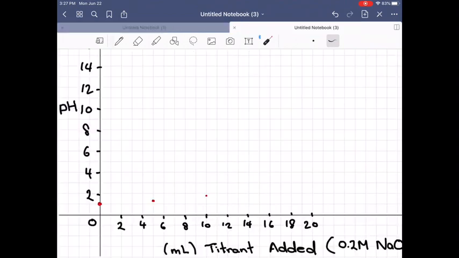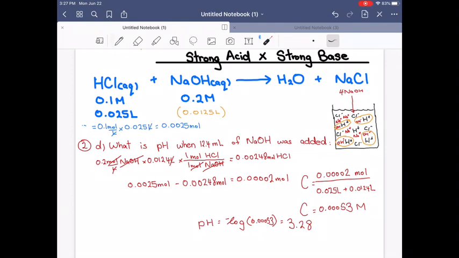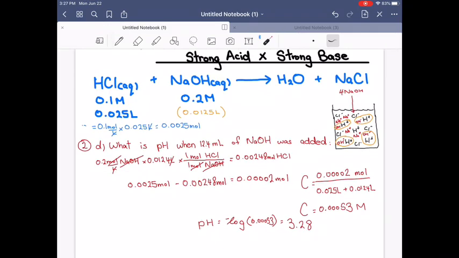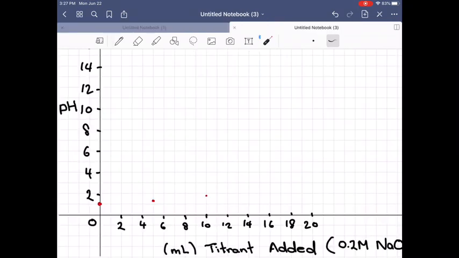So at volume 12.5, that's right here, you get a pH of around 3.28, so right here.